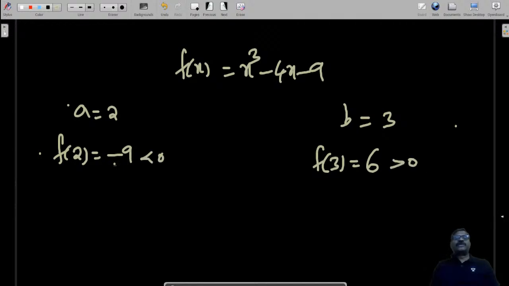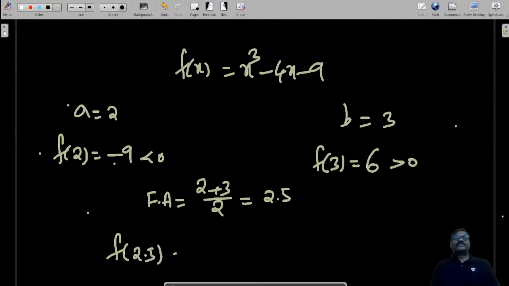The root lies between 2 and 3. The first approximation is 2 plus 3 by 2, because of the bisection method, 2.5. Functional value at 2.5: 2.5 whole cube minus 4 into 2.5 minus 9.